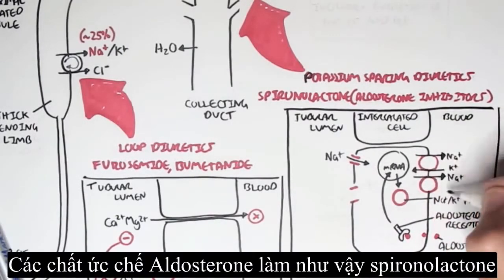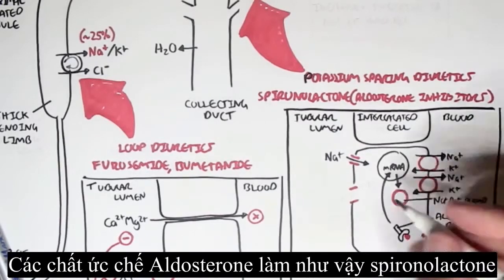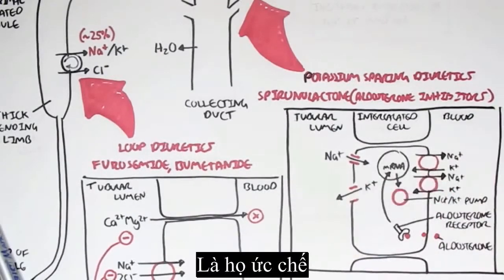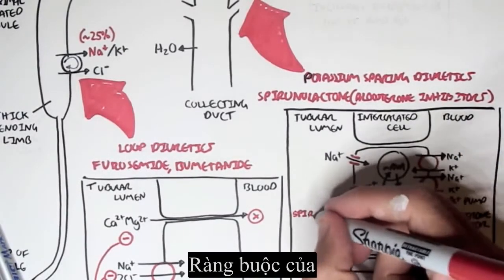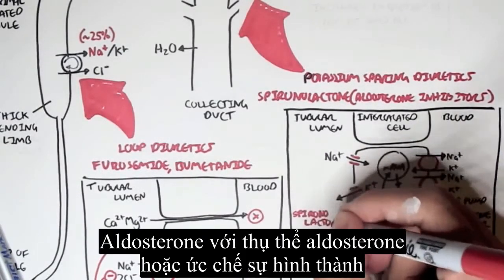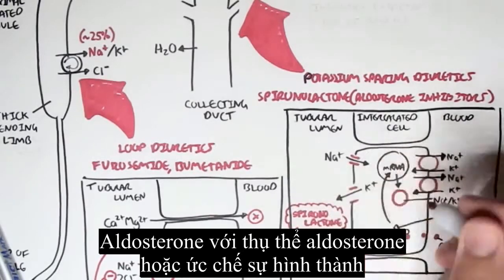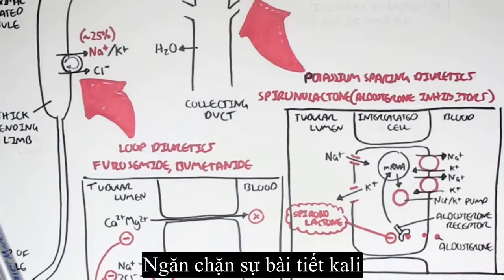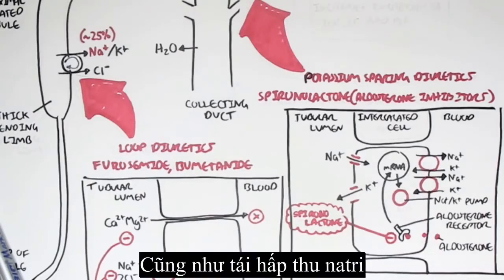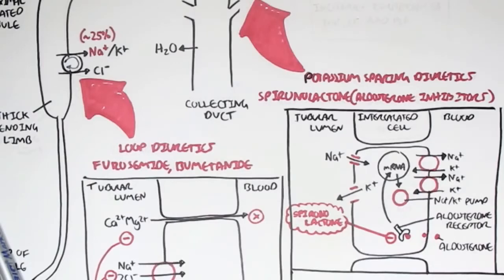What aldosterone inhibitors such as spironolactone do is inhibit the binding of aldosterone to the aldosterone receptor, or inhibit its formation, and thus inhibit the production of the sodium-potassium pump, thus preventing the excretion of potassium as well as the reabsorption of sodium.